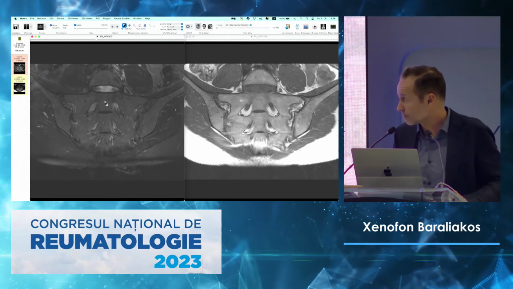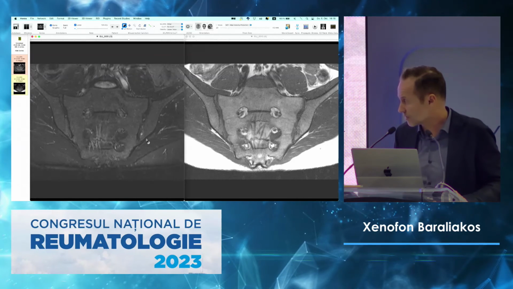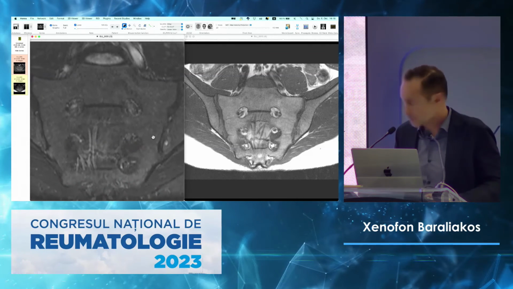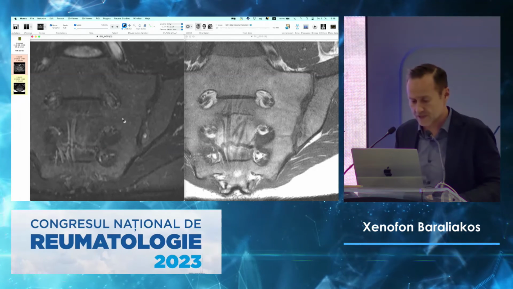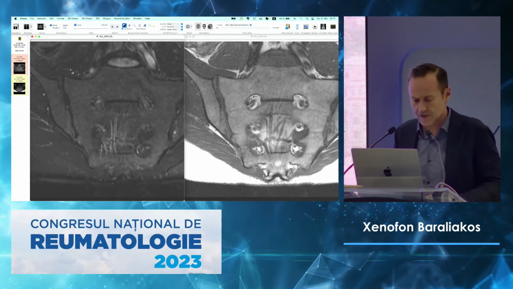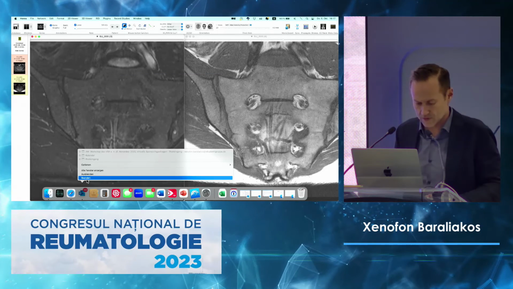So you see, this is more a sign of edema around a vessel. But if you look at that part here, sorry, let me close this one.